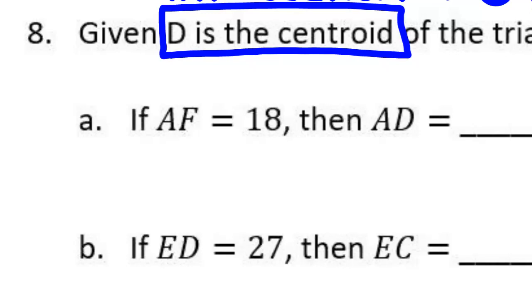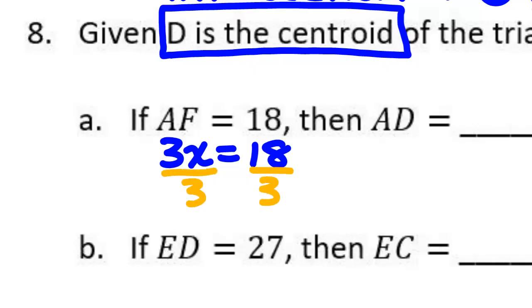It's the whole median. Here's 2 x's to get from the vertex to the centroid, and then another x to get from the centroid to the midpoint. So this is 3x here. So 3x equals 18. Well, if 3x equals 18, then how big is x? X is 6.